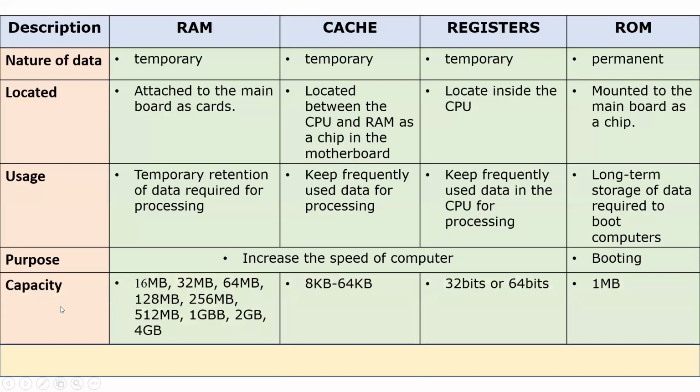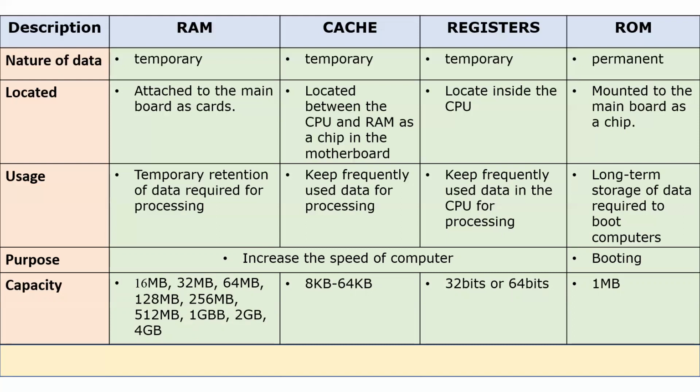Capacity is also important. You have some idea about the capacity of each of these memories. First consider RAM memory. In earlier times, RAM sizes were found in MBs, like 16 MB. There is a pattern here. After 16 MB it was 32, after 32 MB 64, then 128, 256.